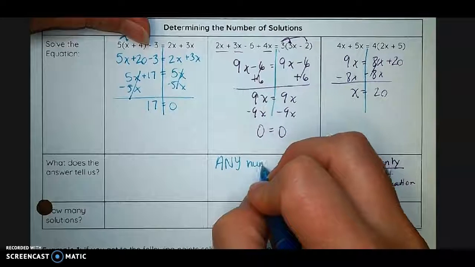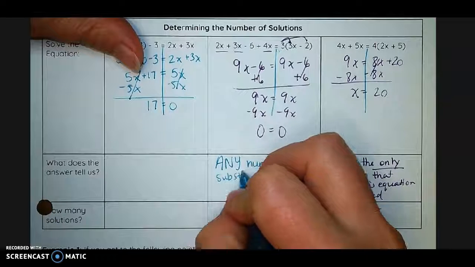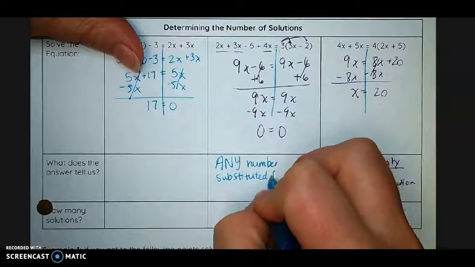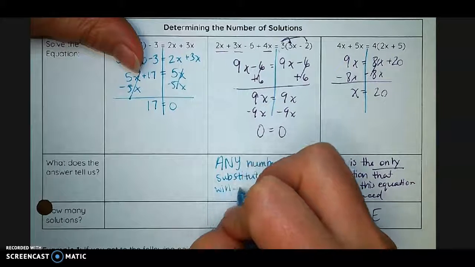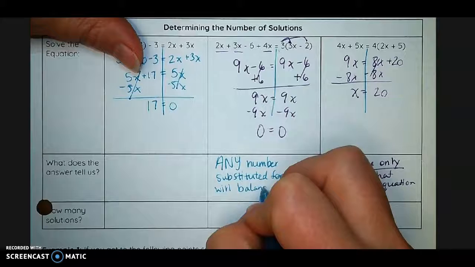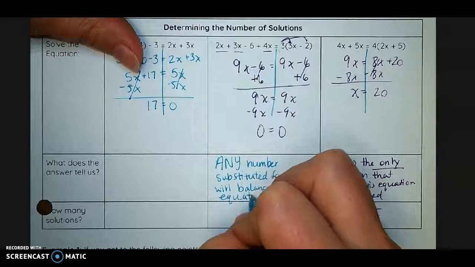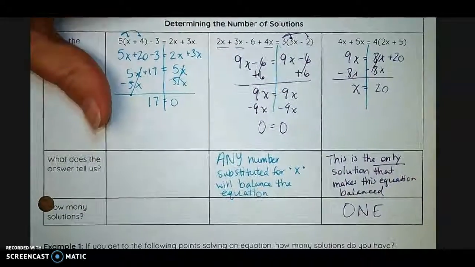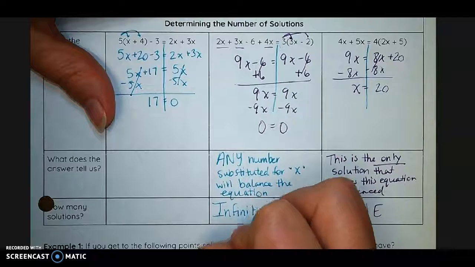So any number substituted for x will balance that equation. And because of this, it means it has infinitely many solutions.